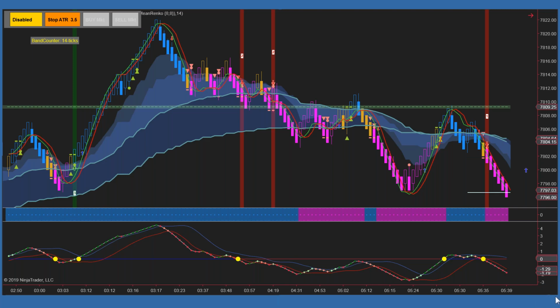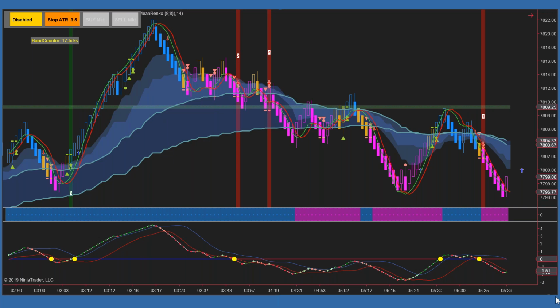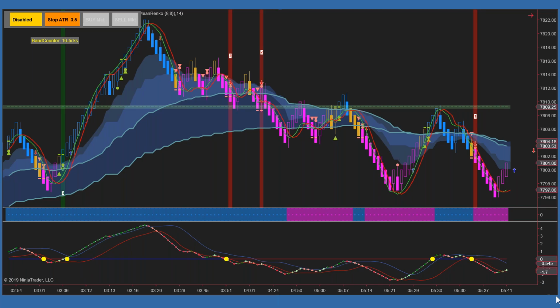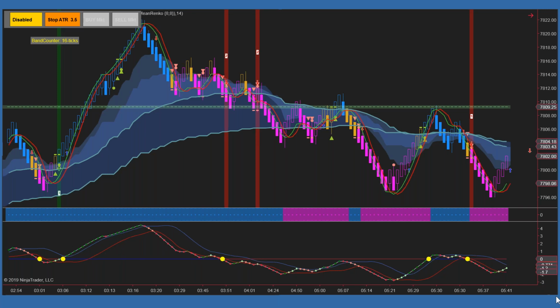Oh, look at that. It hits our high probability profit objective, and then the market turns around. Imagine that. Okay, so the regression lines have crossed. Now we're a little bit more bullish. Don't have a signal yet.